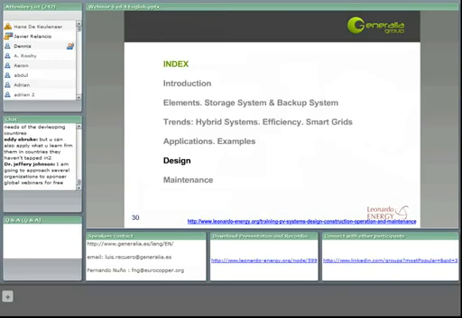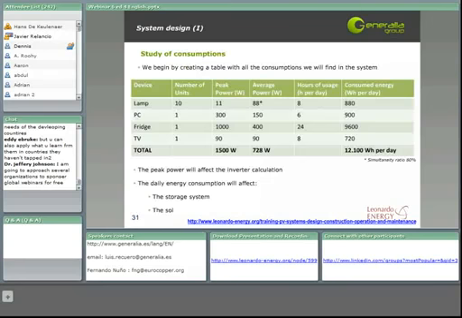So we get to one of the final chapters in this webinar, which is the design of this type of installations. In order to design this type of project, we have to start by the study of the consumption, of the demand of our client.